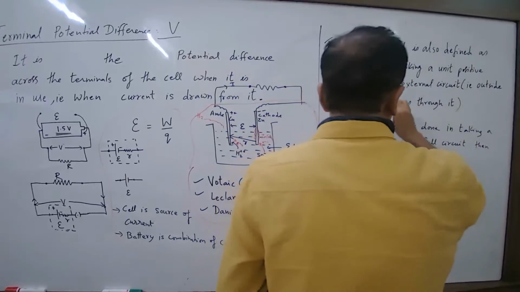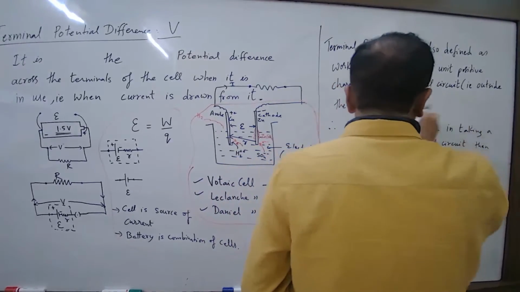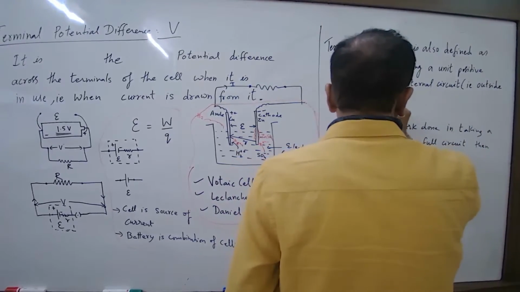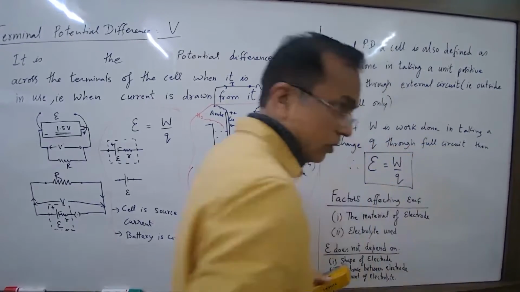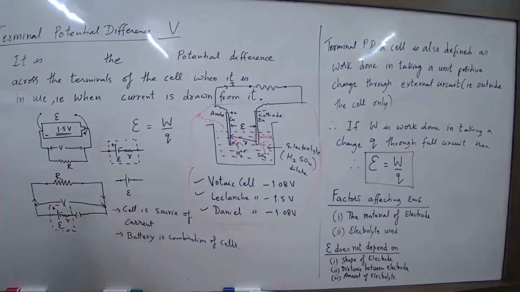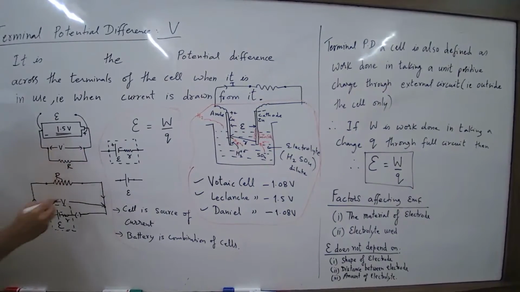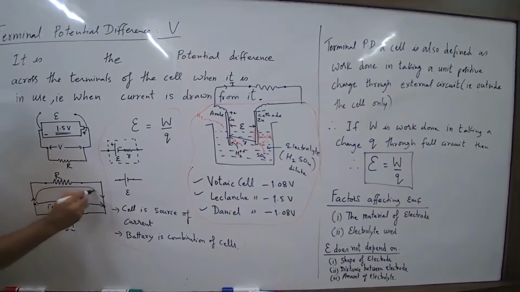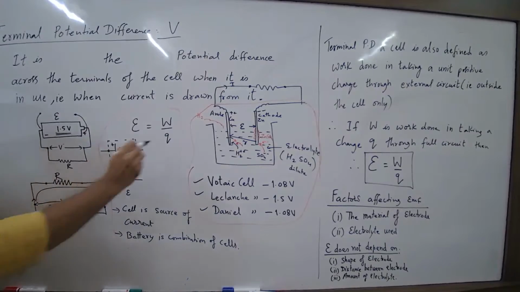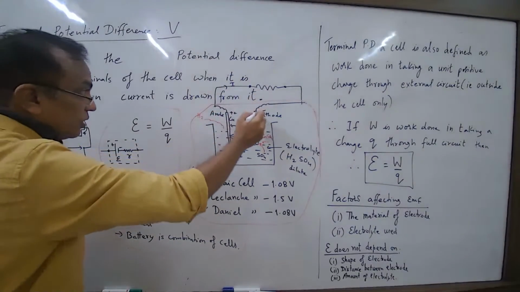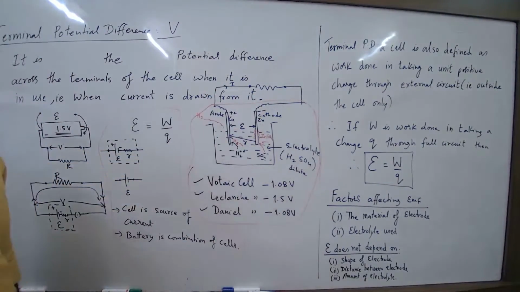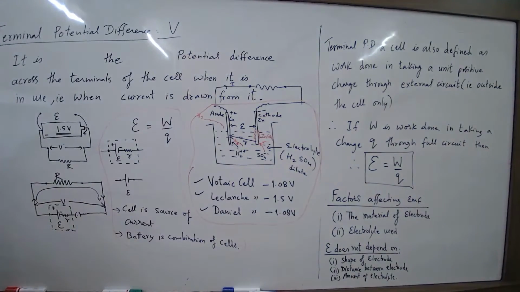That is outside the cell only, not through the cell. Got it? So what is terminal potential difference? Only the work done in the outside circuit, or from here to here, between one electrode to the other electrode. Not in the cell. Got it?